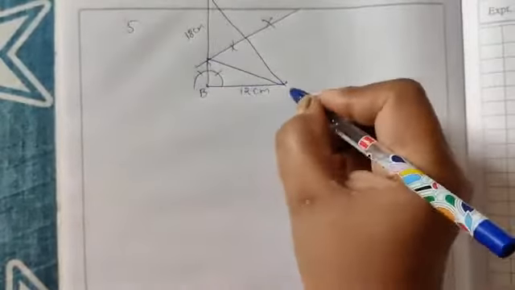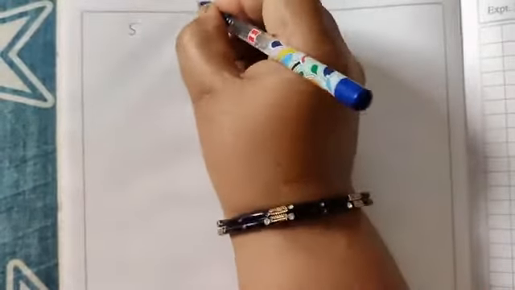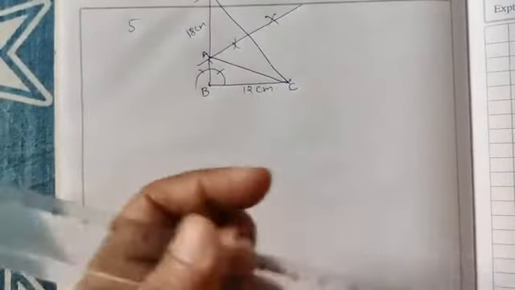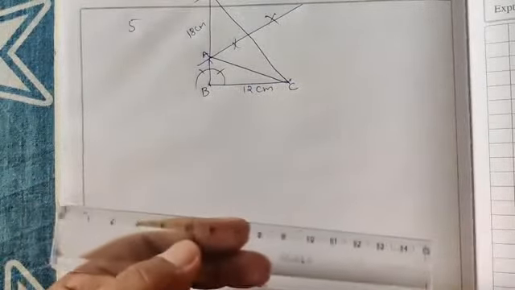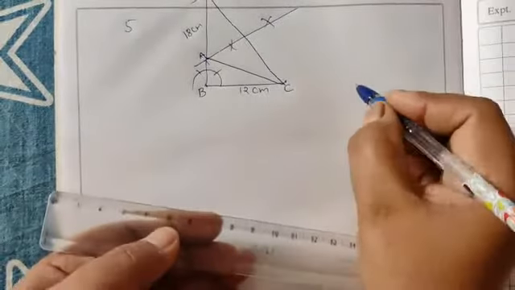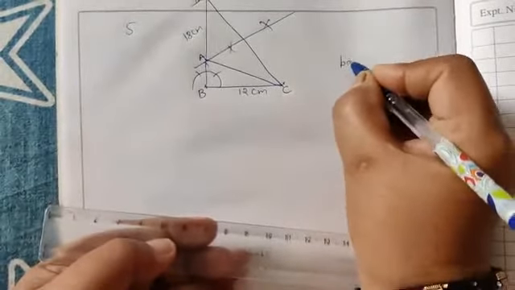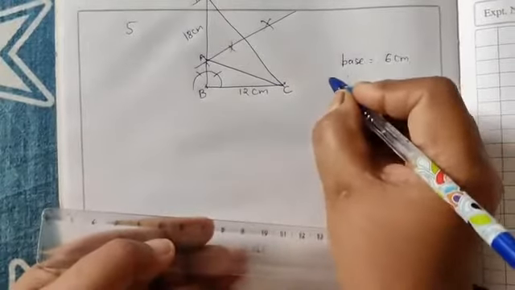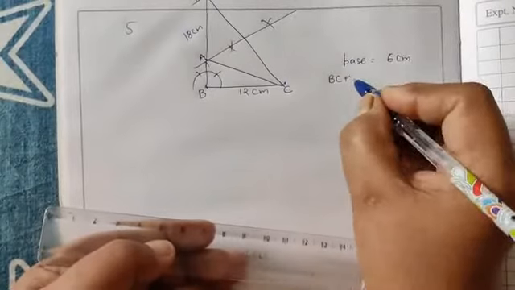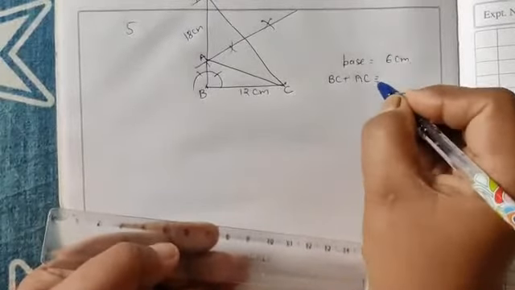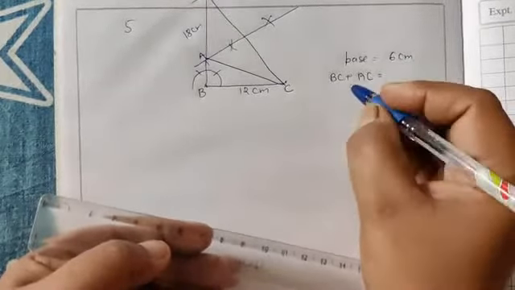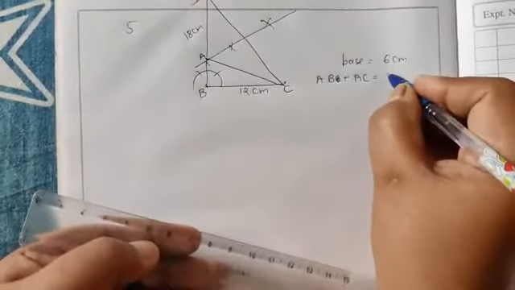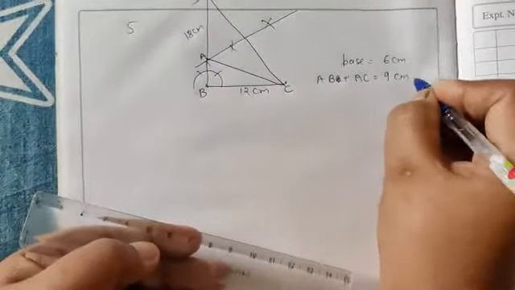Suppose angle BCA. But the dimension is very much greater, 12 centimeter, 18 centimeter. It is not possible. So therefore I am constructing the base of 6 centimeter. The sum of the hypotenuse BC plus AC and the other side AB plus AC is 18, half of 18 is 9 centimeter.